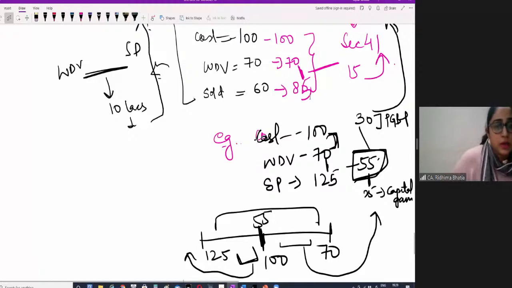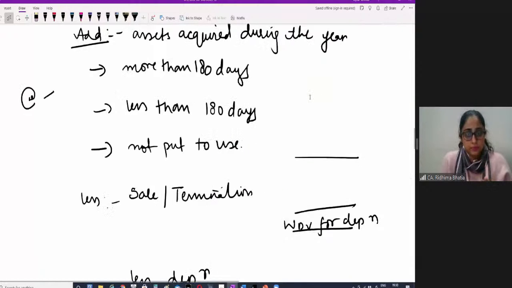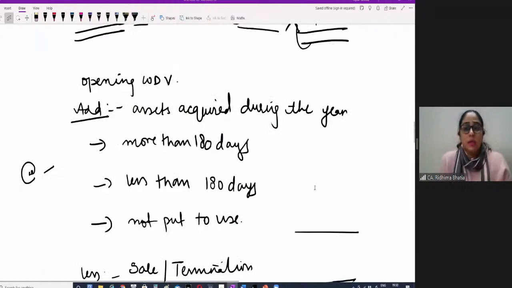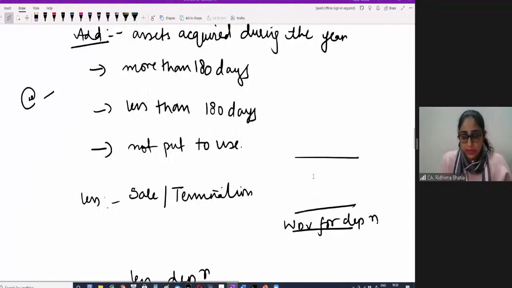Okay. So again, for the last time, please understand. No, Rohita, see, even if it is a simple thing, even if the asset is sold at the end of the year, or if the asset is sold at the beginning of the year, the basic thing which you always do before charging depreciation is removing the sale and termination, in normal circumstances also, correct?